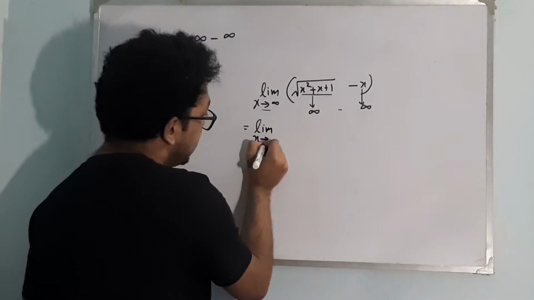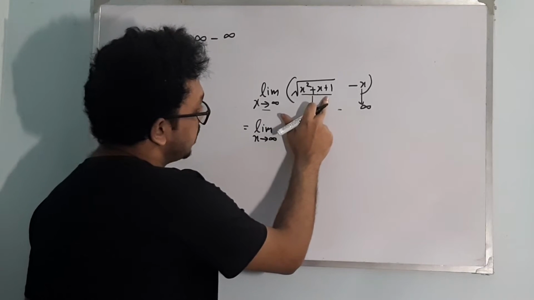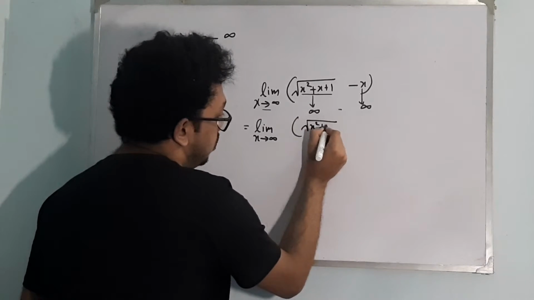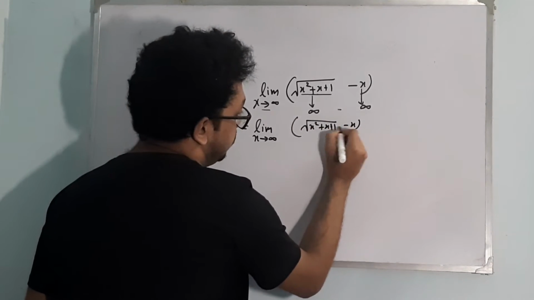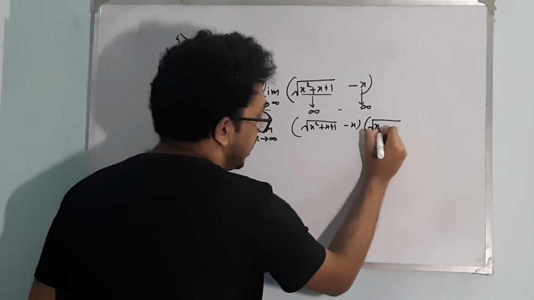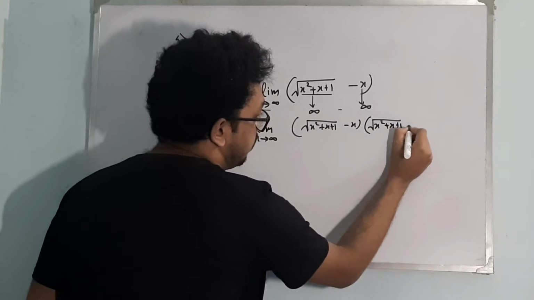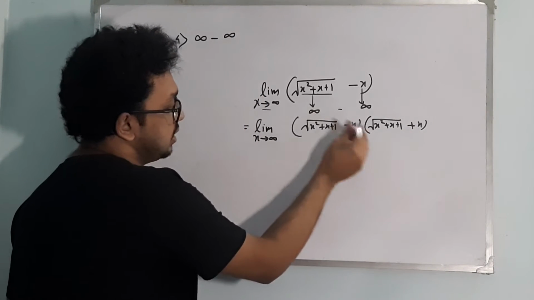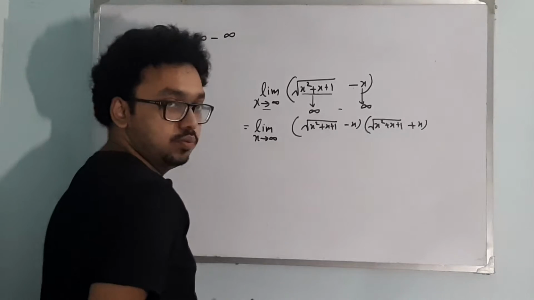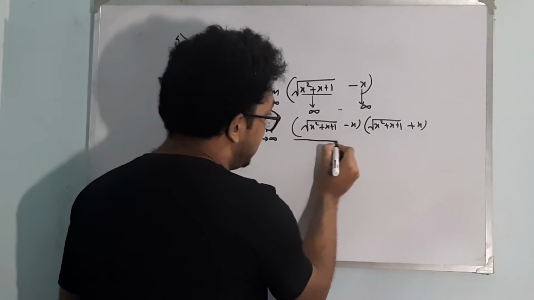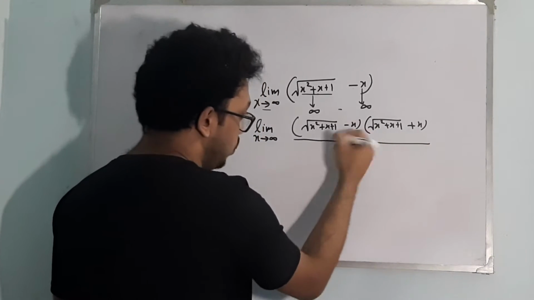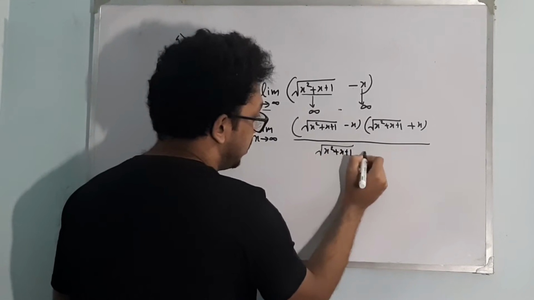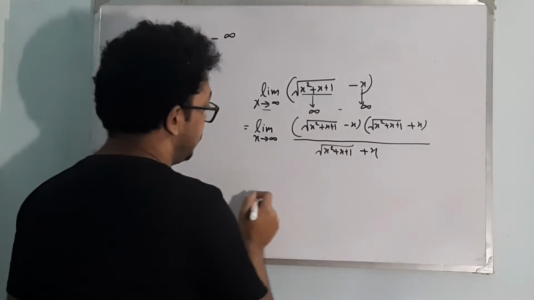The rationalizing factor of square root of x square plus x plus 1 minus x is the square root of x square plus x plus 1 plus x, where the minus sign is changed to a plus sign. As we have multiplied this in the numerator, we also have to divide by this extra term in the denominator.